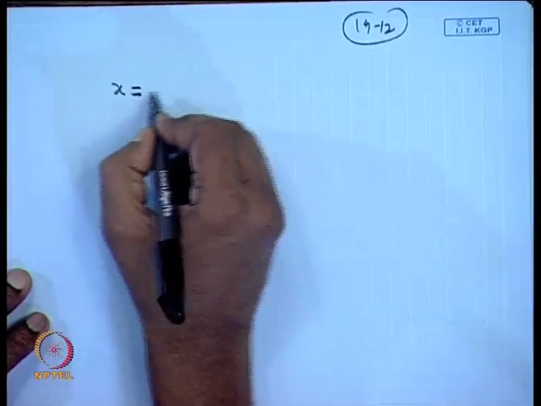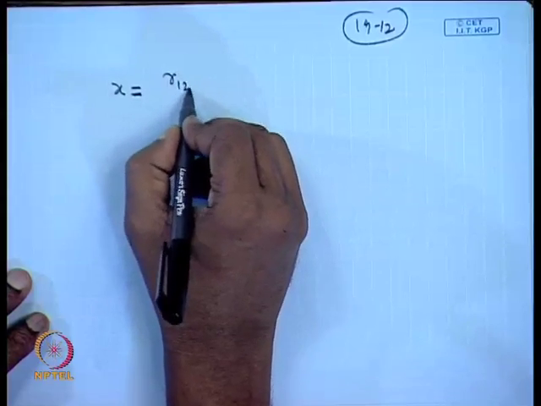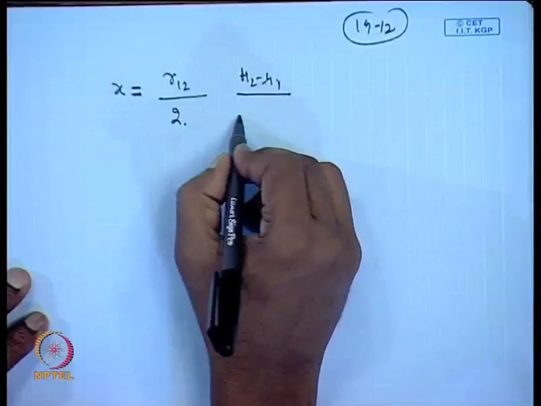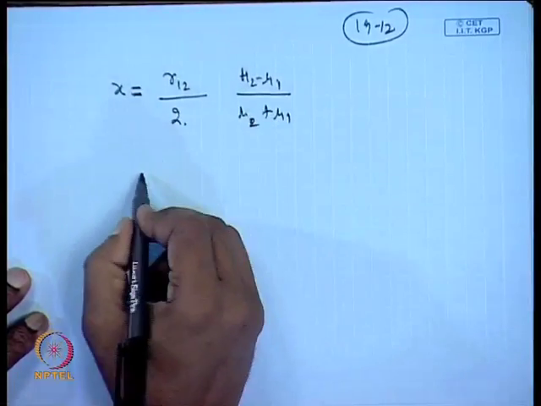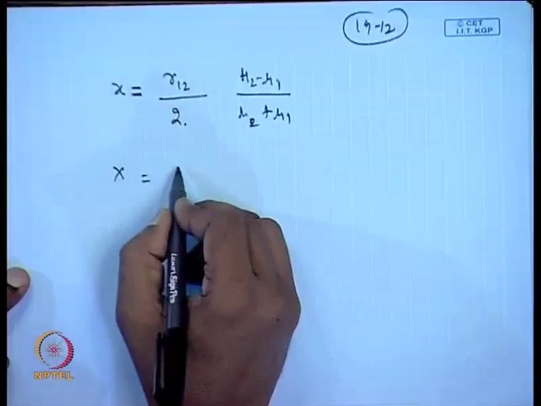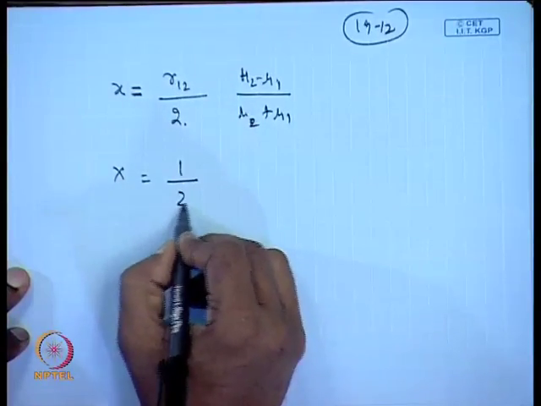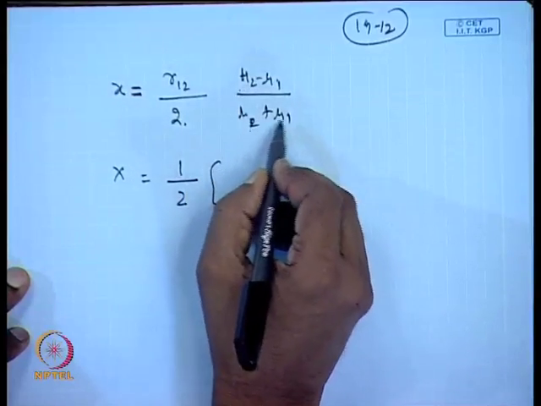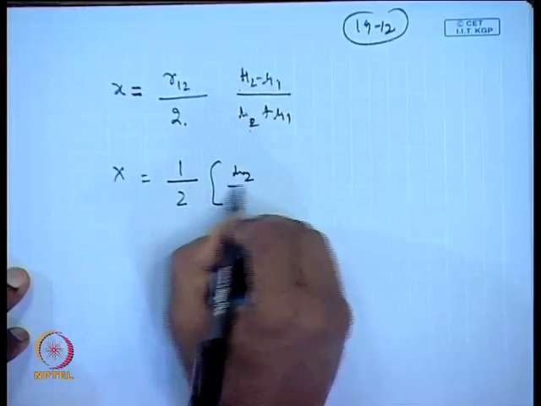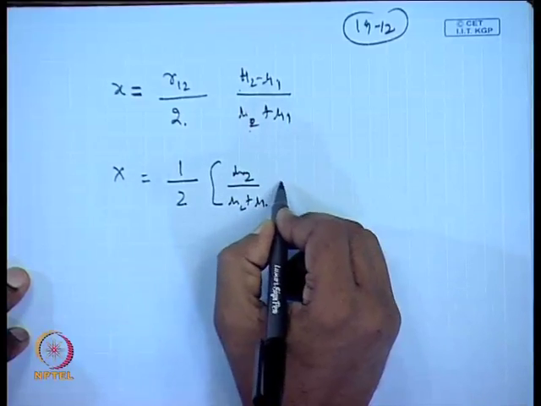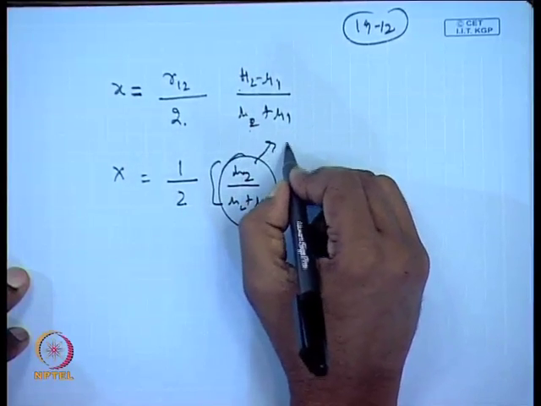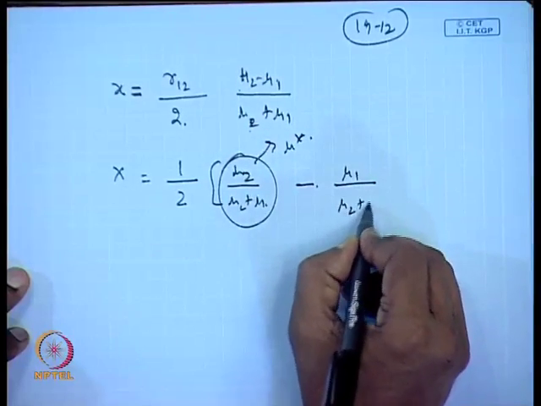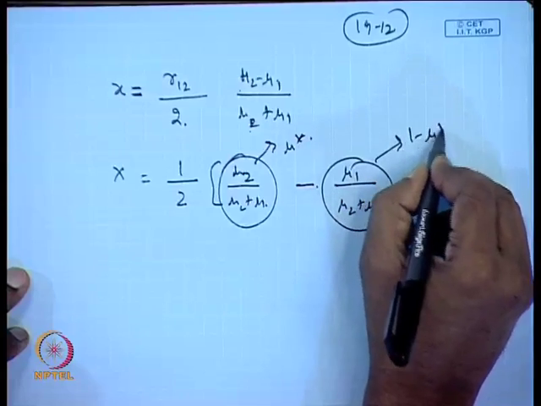So, the x for the L4 and L5, we wrote this as r12 times mu2 minus mu1 by mu2 plus mu1, and on the normalized scale the same thing will appear as r12 will be written as 1, and the whole thing then you can divide by mu2 plus mu1, and this quantity is nothing but your mu star, okay, and then you have mu1 by mu2 plus mu1, this quantity is nothing but 1 minus mu star.